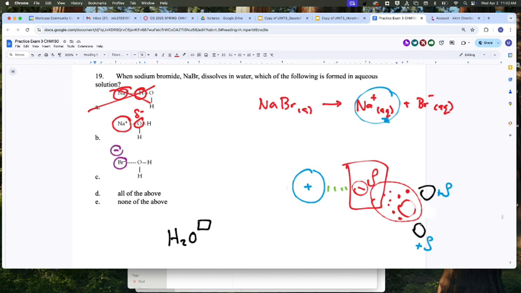We're taking the negative of our bromide and we're aligning it with the negative of the oxygen. Do we want the same charges? Nope, that also doesn't make sense. Okay, because we've eliminated answer choice A and C, we know D doesn't make any sense. We like the option B, having those charges, which also means E doesn't make any sense. So what's the answer? C, of course. No, it's B. Just kidding.